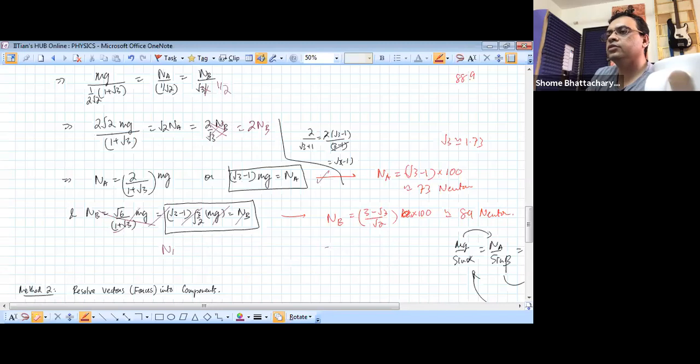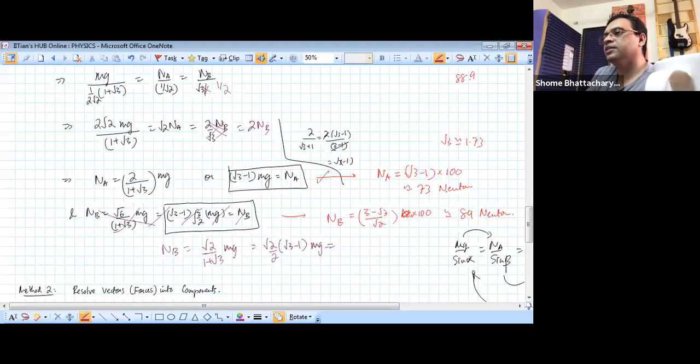So this 2 goes in the numerator, so this 2 and 2 cancels. So NB comes out to be √2 upon 1 plus √3 mg, which we can write as √2 by 2 into √3 minus 1 times mg.